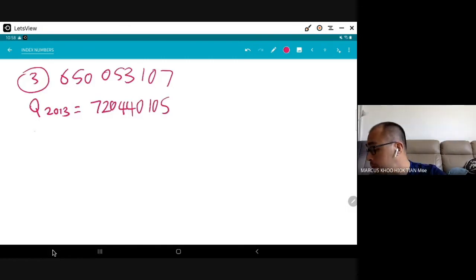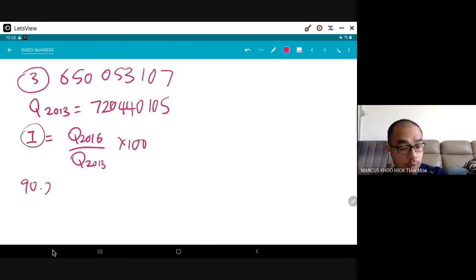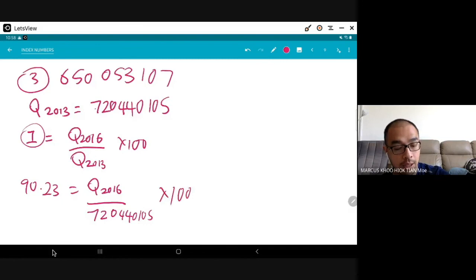Okay, and they say that the index number is 2016 over 2013 times 100. This one is 90.23. Okay, 2016 over this one, 720440105 times 100. So you multiply this, then you divide by 100.